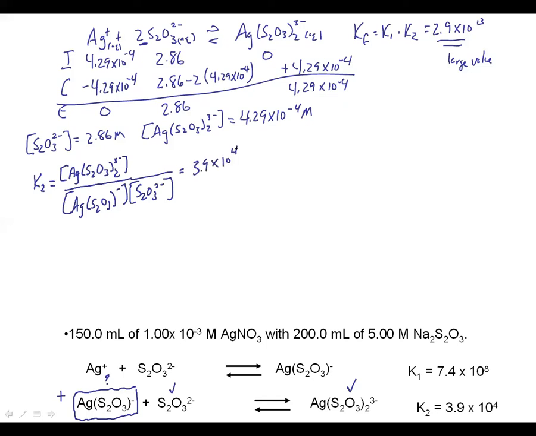And again, I chose K2 because as you can see here, I pretty much have everything except for that one. So that would allow me to solve for the one that I'm looking for. And that would equal the concentration of our product there, 4.29 times 10 to the minus 4, divided by our 3.9 times 10 to the 4th, and our S2O3 2 minus, which was 2.86.